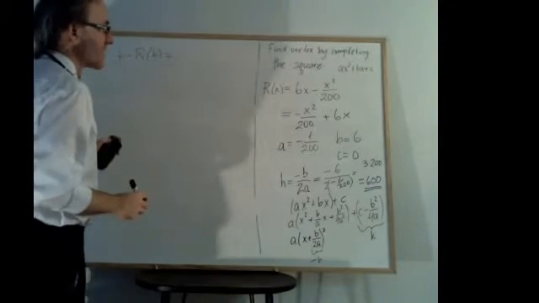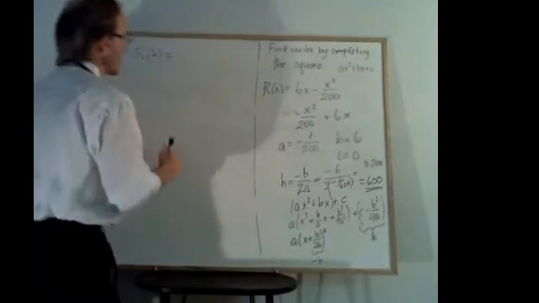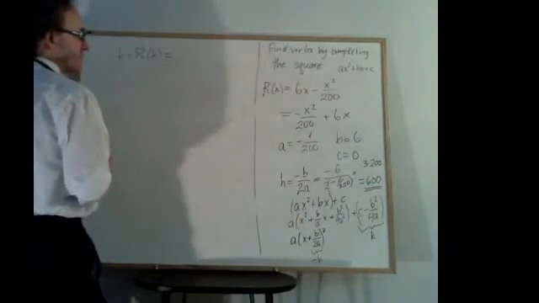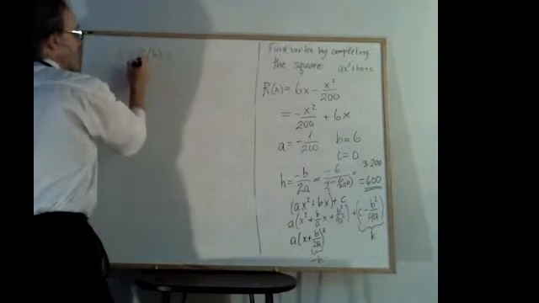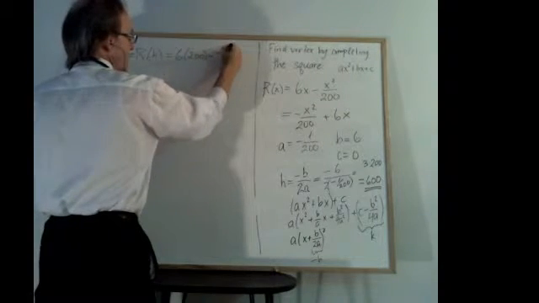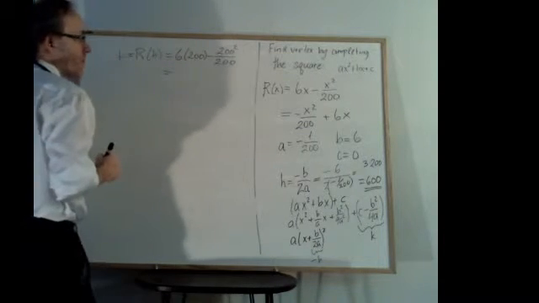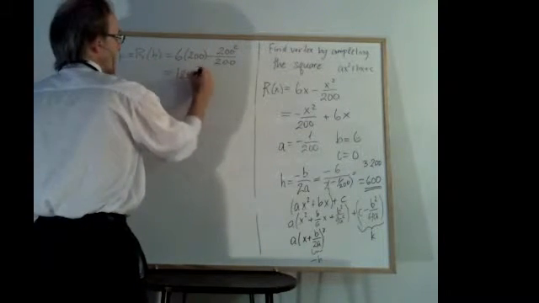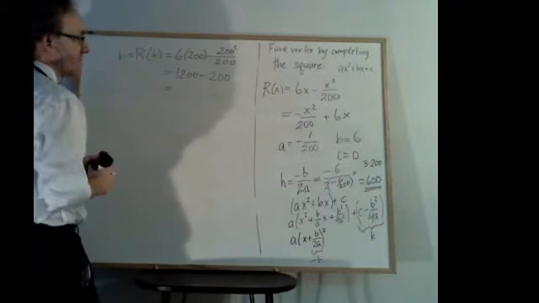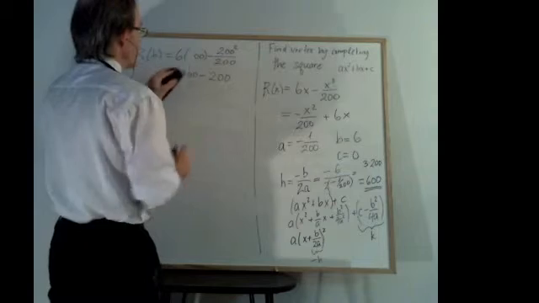So remember how that worked? That's because if we substitute h into this, x minus h squared, that gives us 0 for this. So we'll automatically get this formula. Okay, so 6 times h, which is 600, I'm sorry, 600 should be in there.